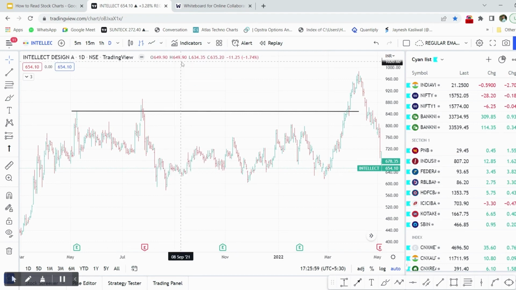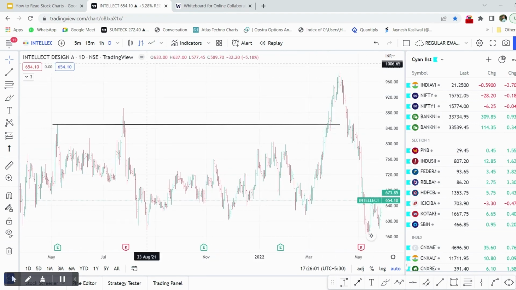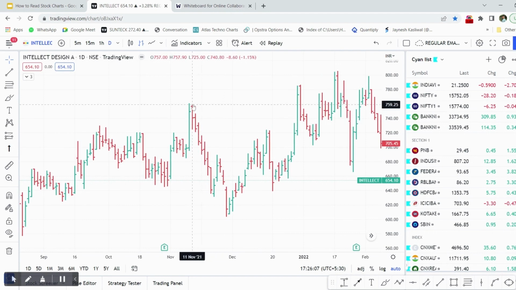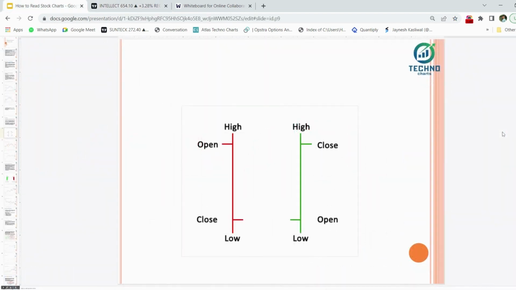Once I select that, you can see that the chart will get plotted in the bar style, and this is the bar chart. Here we see there's a line, and there's an opening and closing line that you can see on the left and right. The left hand side is the open price, and the right hand side is the close price, where the high and the low are common, right? So this is how you can analyze the bar chart.